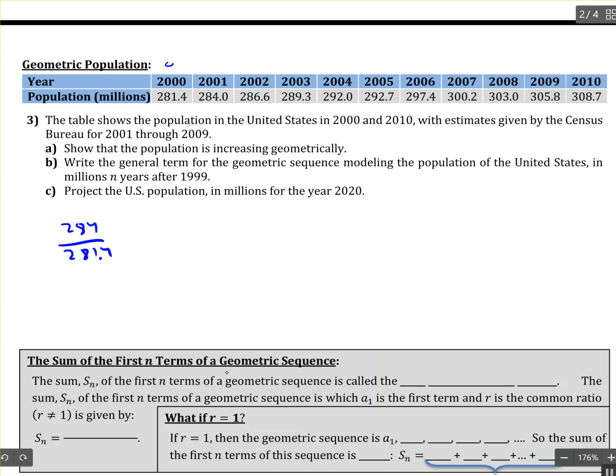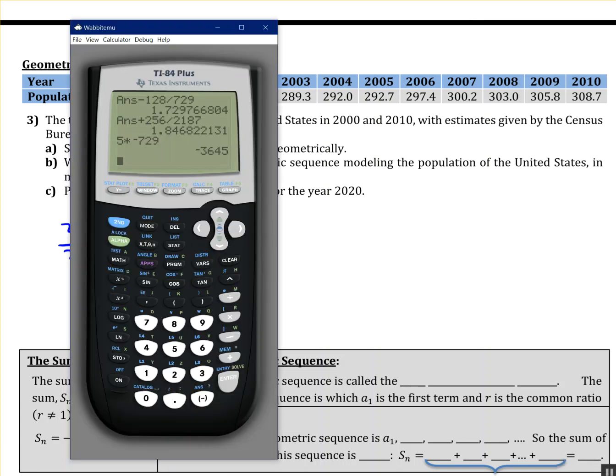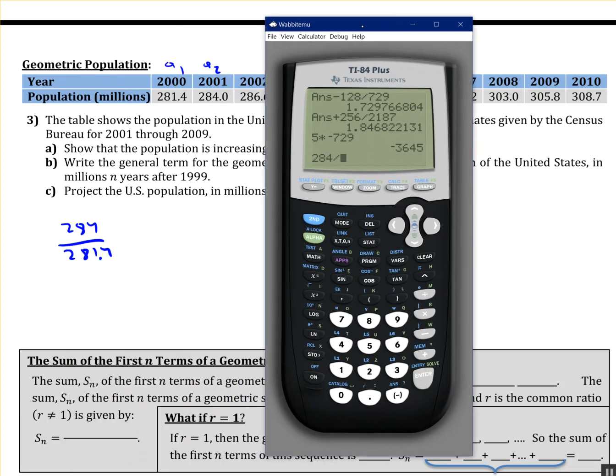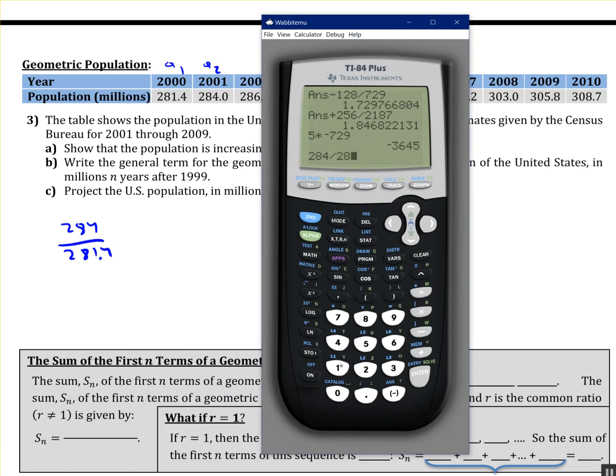So, again, this is A1, A2, etc. So I could take A2 divided by A1, 284 divided by 281.4. And I get, it looks like I multiply by 1.009.